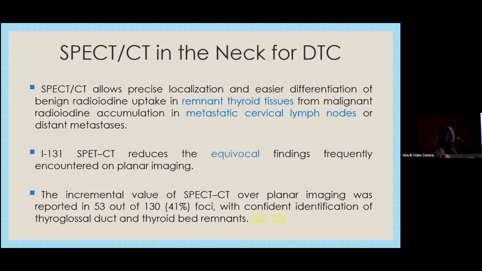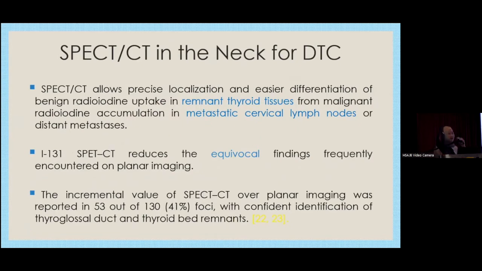A lot of studies also initially looked at the value of SPECT-CT in the neck for DTC. As you can see here, SPECT-CT allows precise localization and easier differentiation of benign radioiodine uptake in the remnant thyroid tissue from malignant radioiodine accumulation in metastatic cervical lymph nodes or distant metastasis.